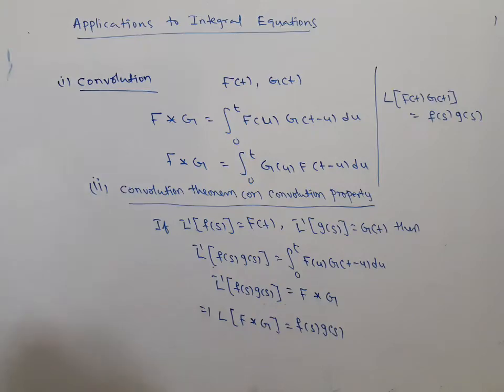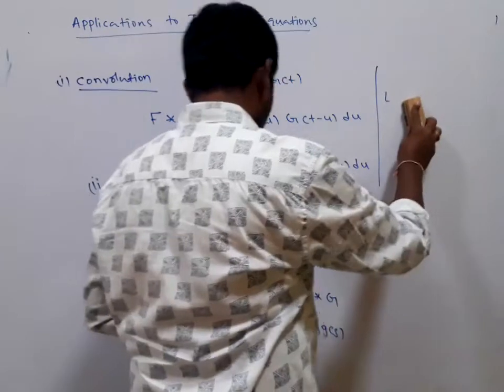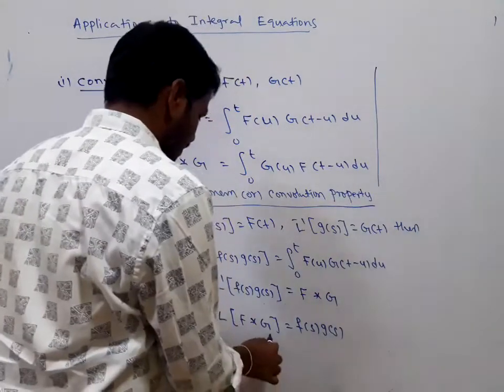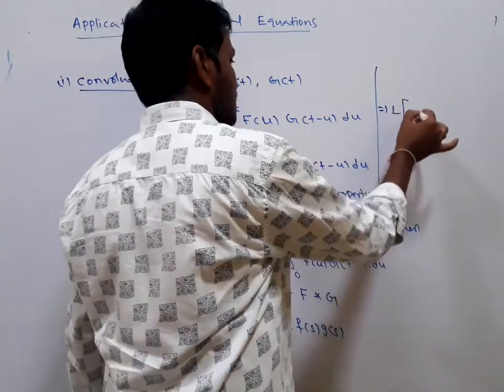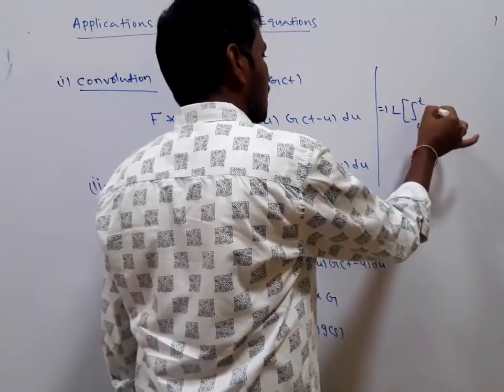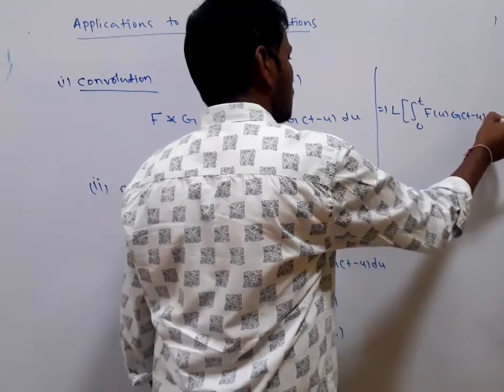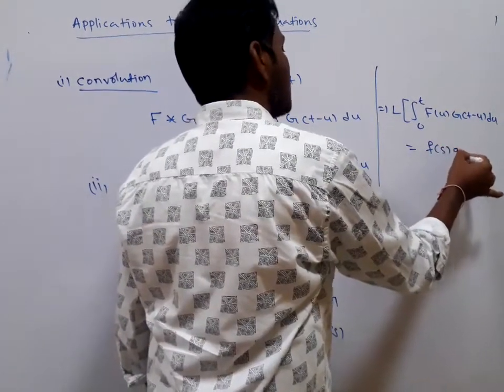You know that f star g is already defined. The Laplace transform of the integral from 0 to t of f of u g of t minus u du is equal to f of s into g of s.